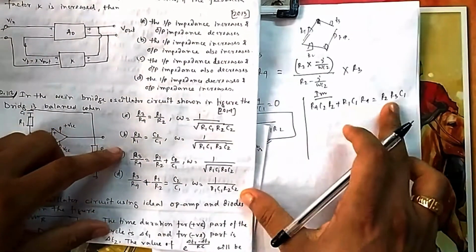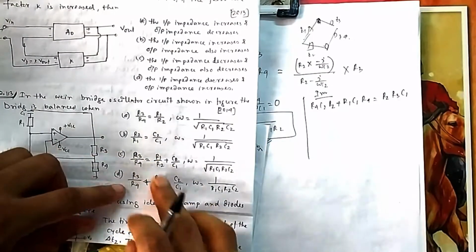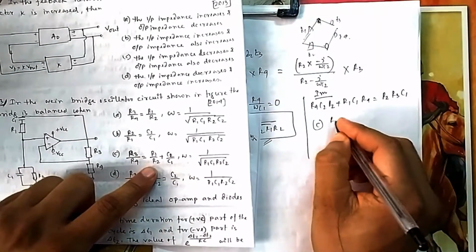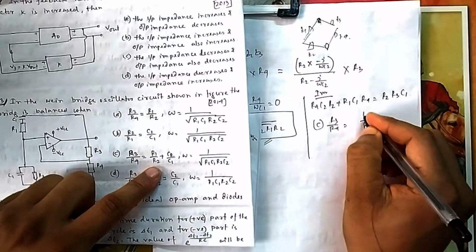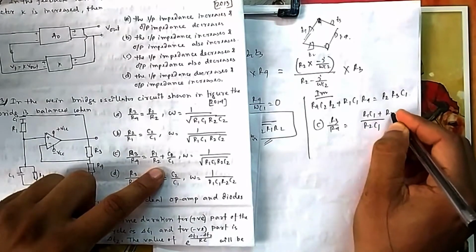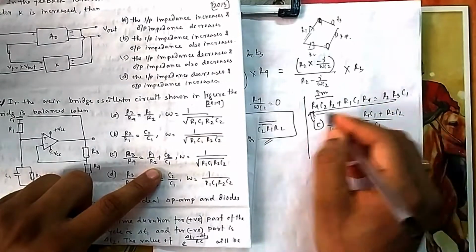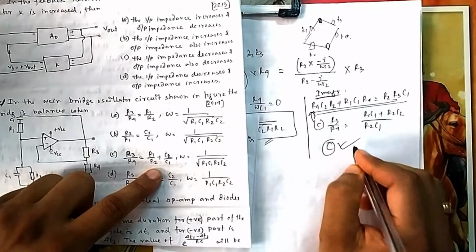If you take the LCM, it will be R3 by R4, and this side will be R2 C1, R1 C1 and then R2 C2. If you cross multiply, you will see that it is equal to what you got by equating the imaginary part. So that means option C is the correct option.